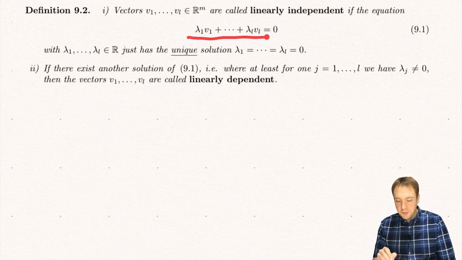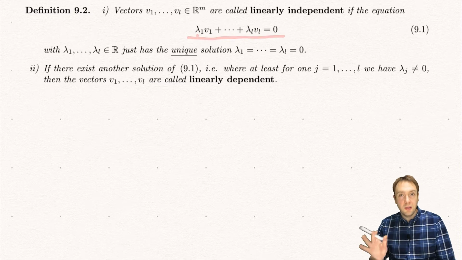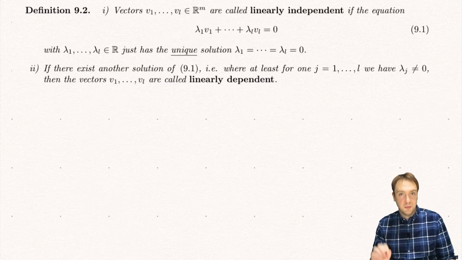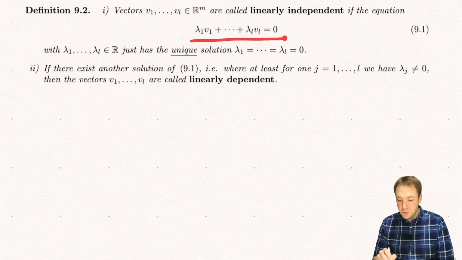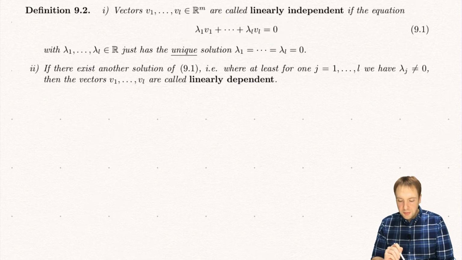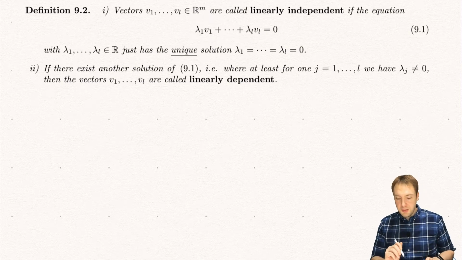And of course this has a solution by just setting all lambdas to be 0. But if this is the only solution, then these vectors are called linearly independent. But if there's another solution to this equation, so if we can find a solution of this equation where one of these lambdas is not 0, then these vectors are called linearly dependent.